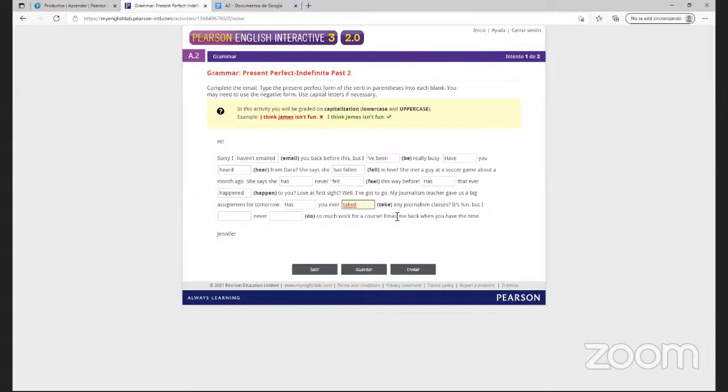It's fine, but this is take or took? This is taken, right? With the N at the end. That is the best for this. And for example, if you are using you, it's not has. It is have, because you are using you.